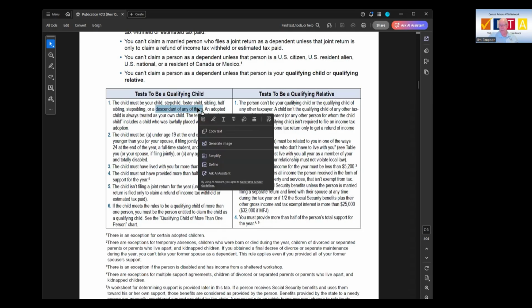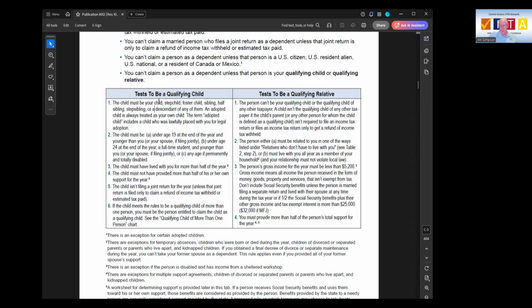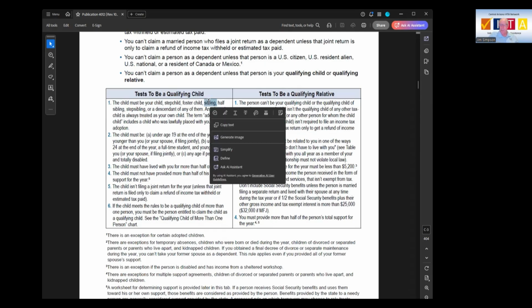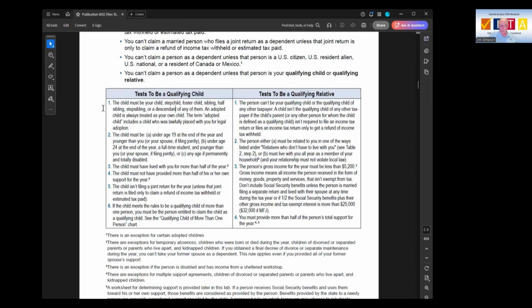So, you got a child, so that could be grandchild is a descendant of it. It could be your sibling, your brother. What's a descendant of your brother? Well, that would be your niece or nephew, right? So you got to be really careful about how you're looking at it. Okay, and if you got an adopted child that was placed with you for legal adoption, that qualifies.